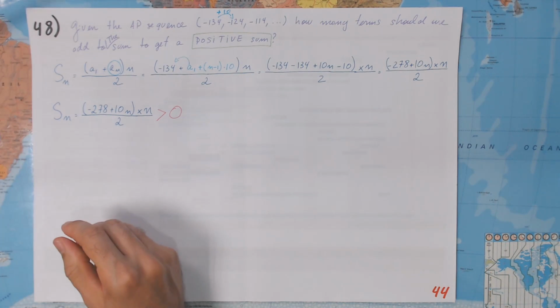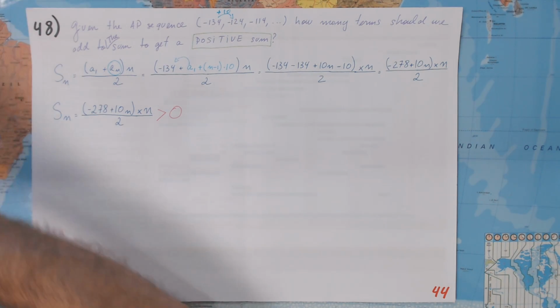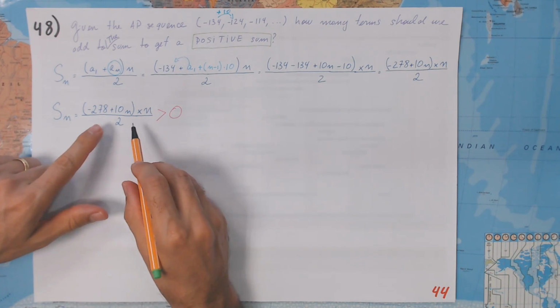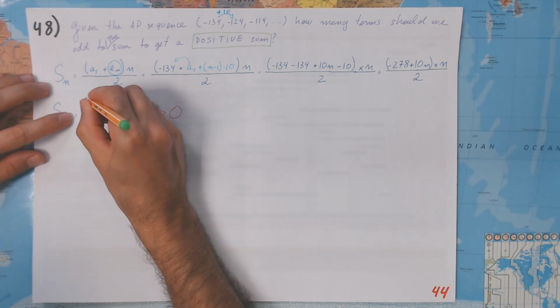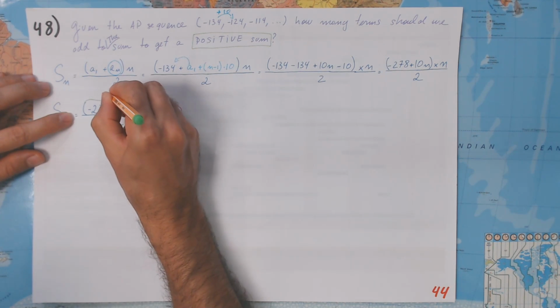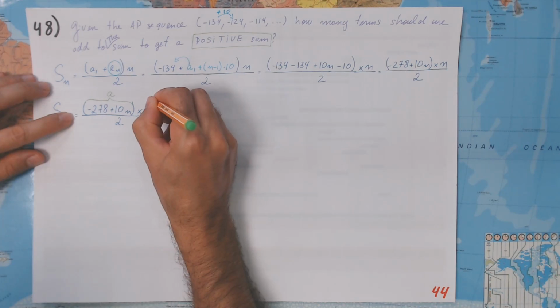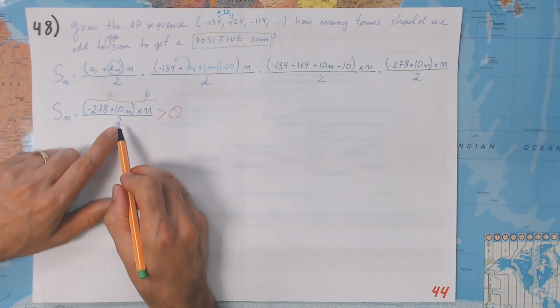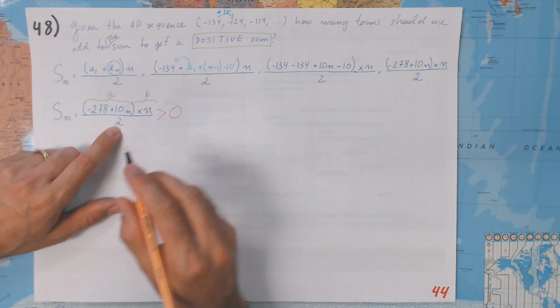Right? Now, let's see some things in here. We have a multiplication, okay? Let's call this A, B. Well, this is bigger than 0, okay? This is not going to be in the way.